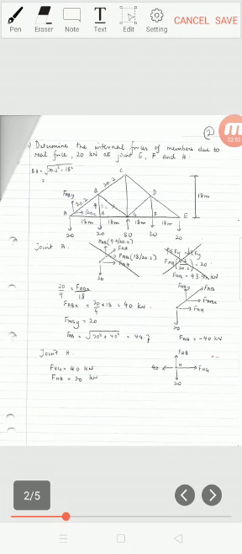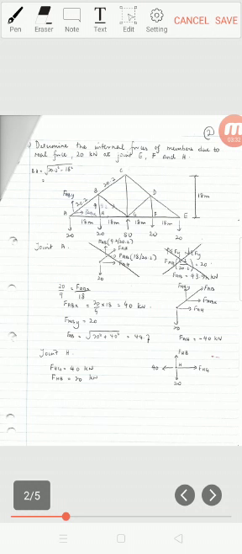Okay, once we get the reactions, we proceed by determining the internal force F of each member in the actual structure due to the real forces, 20 kilonewton at points E, F, G, and also at H. This is the actual structure because we have not put the one virtual load at point E yet.